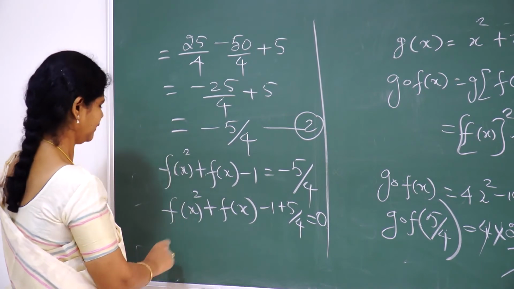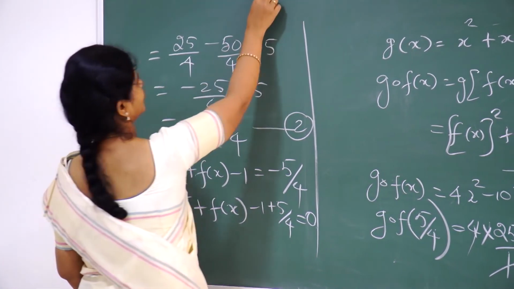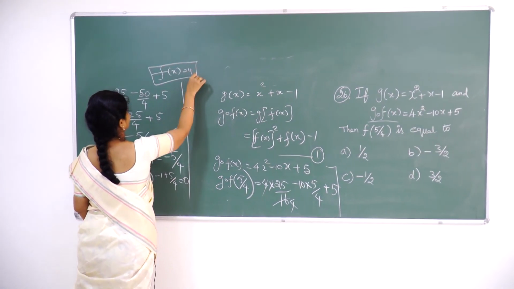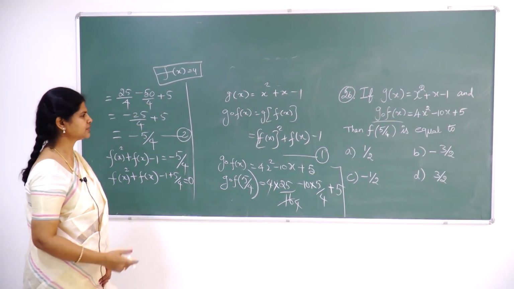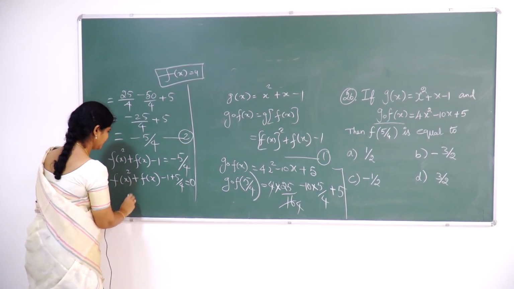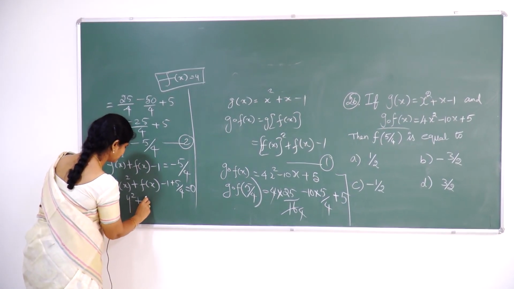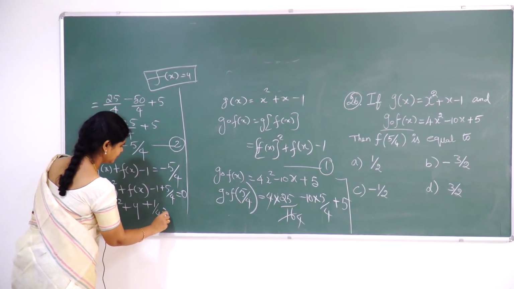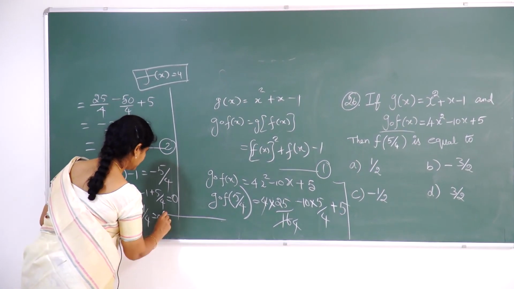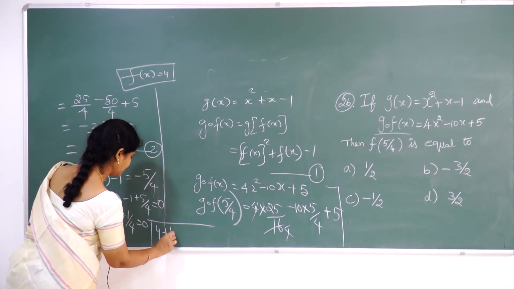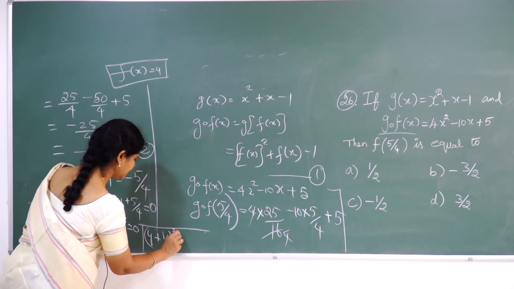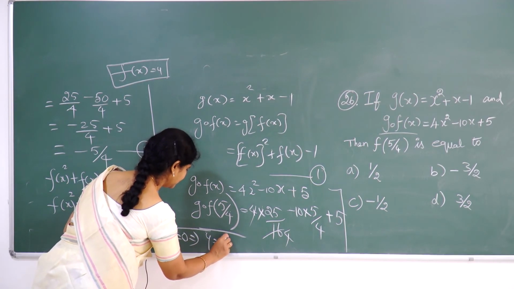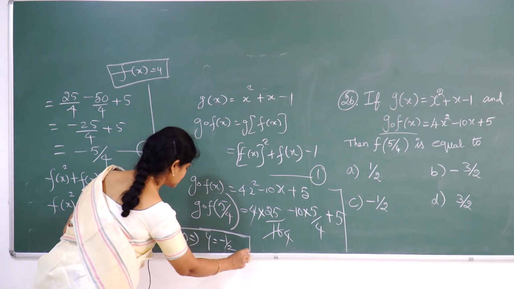Now let f of x equal to y. So you substitute y square plus y plus 1 by 4 equal to 0. That implies y plus 1 by 2 the whole square equals 0. That implies y equals minus 1 by 2. So this is your answer.